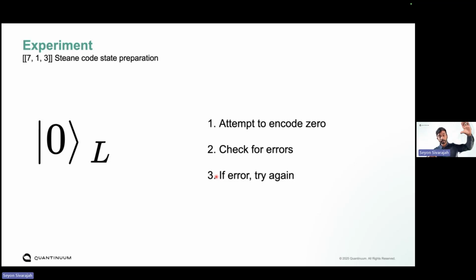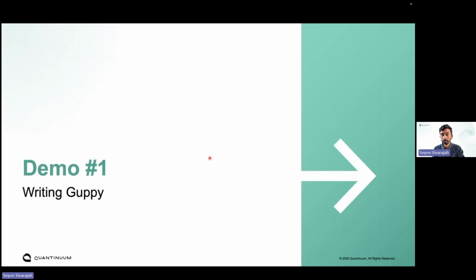You'd do something like do the state preparation, do the check. If it failed, do the state preparation again. And then you get this really long circuit, and it doesn't really look like what we've written here, which is very simple logic. What Guppy gives you is the ability to go from this simple logic in your head to simple logic in code. All right, let's go to code.